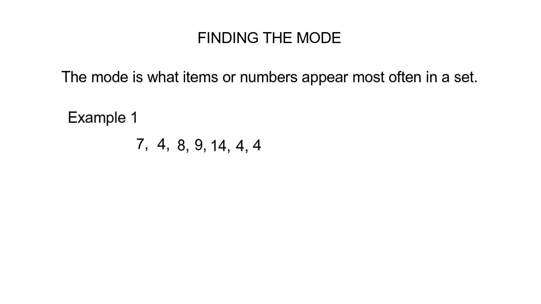So we have the lowest number here as 4, and there are three 4s, so we write 4, 4, 4, and the next number is 7, and the next 8, and then comes 9 and 14. So here the number that appears most often is 4. So the mode is 4.